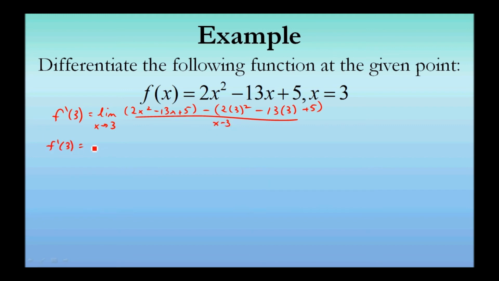f prime of 3 is equal to the limit as x approaches 3 of 2x squared minus 13x plus 21, because 18 minus 39 plus 5, 5 minus this value results in 21. f prime of 3 is equal to the limit as x approaches 3.